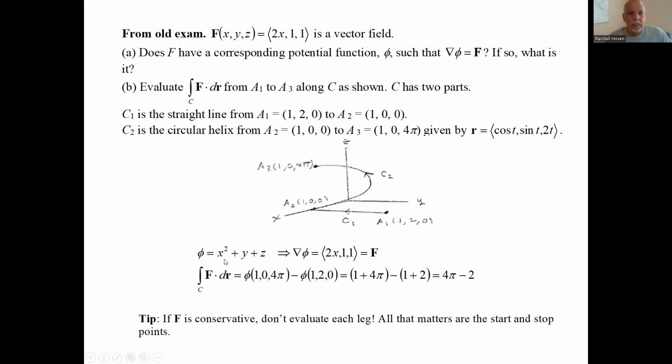So it's going to be this phi evaluated at this endpoint, 1, 0, 4π, minus this phi evaluated at the start point, 1, 2, 0. Make substitutions, and it simplifies to this answer. That's the moral of that: don't evaluate each leg. It only depends on where you start and where you stop.